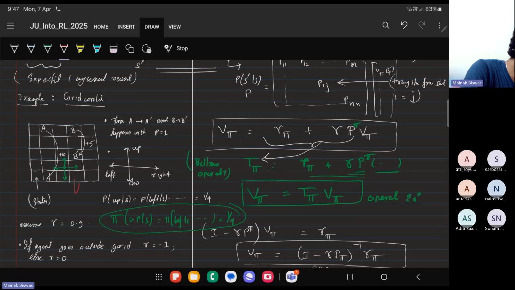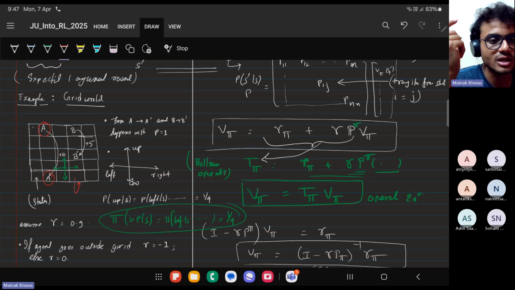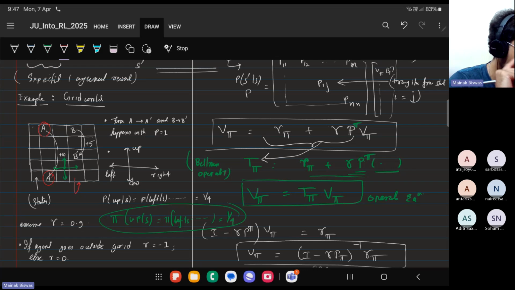If you go out of a box, you return to the box, and there are two special states, state A and state A prime. As soon as you go to state A, every action you choose in A always takes you to A prime with a reward of +10. And every other state, any action you choose, you get a reward of 0.